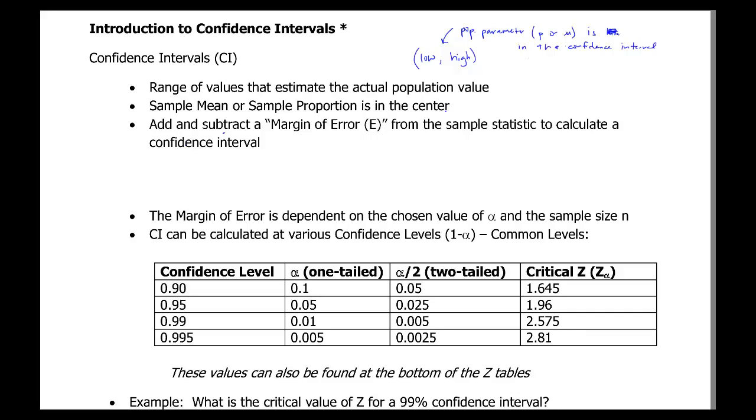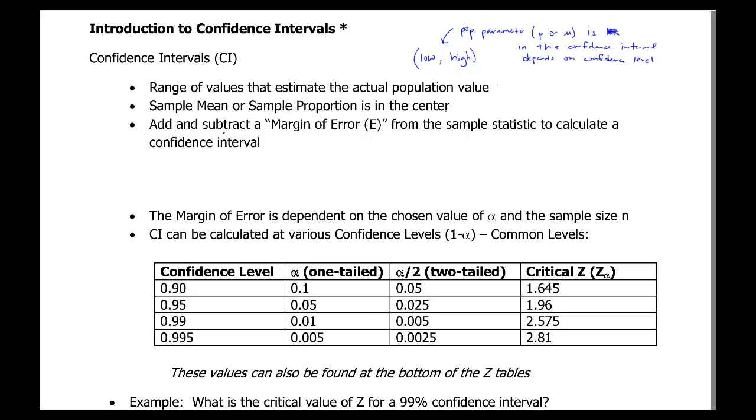And it's not necessarily in the confidence interval. It'll depend on the confidence level that you choose, and we will get to that in just a second.